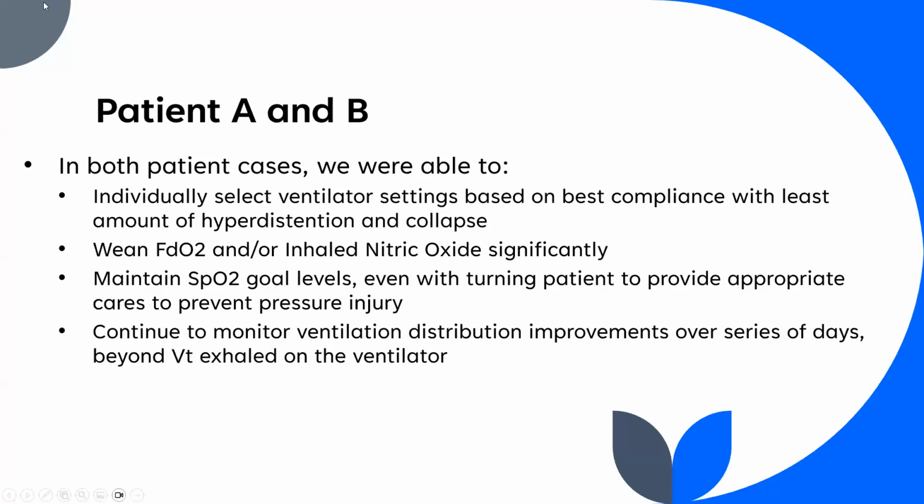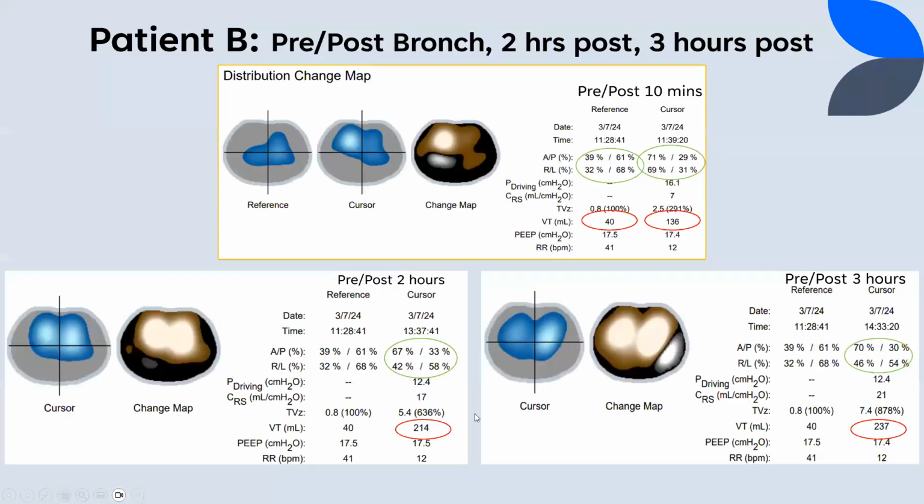And going back to that slide where we're looking at our bronchoscopy, if we started seeing changes in our distribution map, if these started to worsen, and we started to see a decrease in what our percentages were, you're able to zero in on, hey, where am I having those changes in distribution? Is it my left side? Is my right side? Is it anterior? Is it posterior? So having more of a guide than just the classic chest x-ray of, do they have a mucus plug? And this patient did significantly have a mucus plug. They were able to remove it and then see those improvements and track those changes.